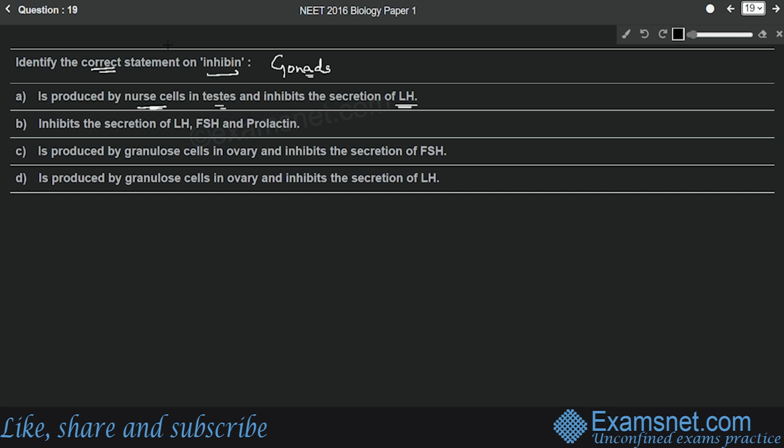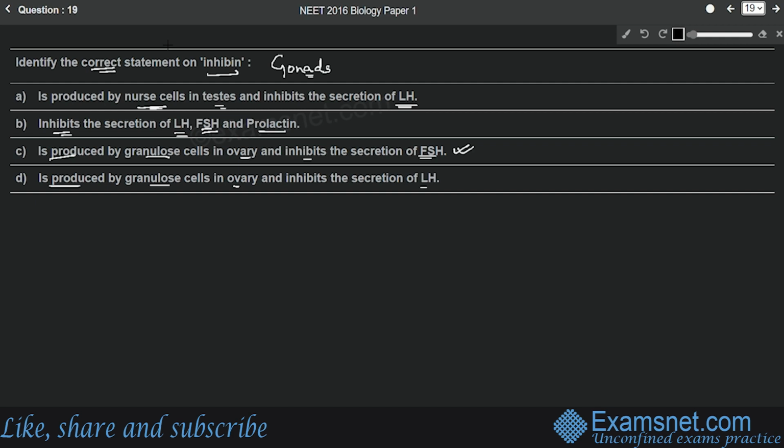Second statement says it inhibits the secretion of luteinizing hormone, follicular stimulating hormone and prolactin. Third statement, it is produced by granulosa cells in ovary and inhibits the secretion of follicular stimulating hormone. And the last one says it is produced by granulosa cells in ovary and inhibits the secretion of luteinizing hormone. So the correct answer is option C.